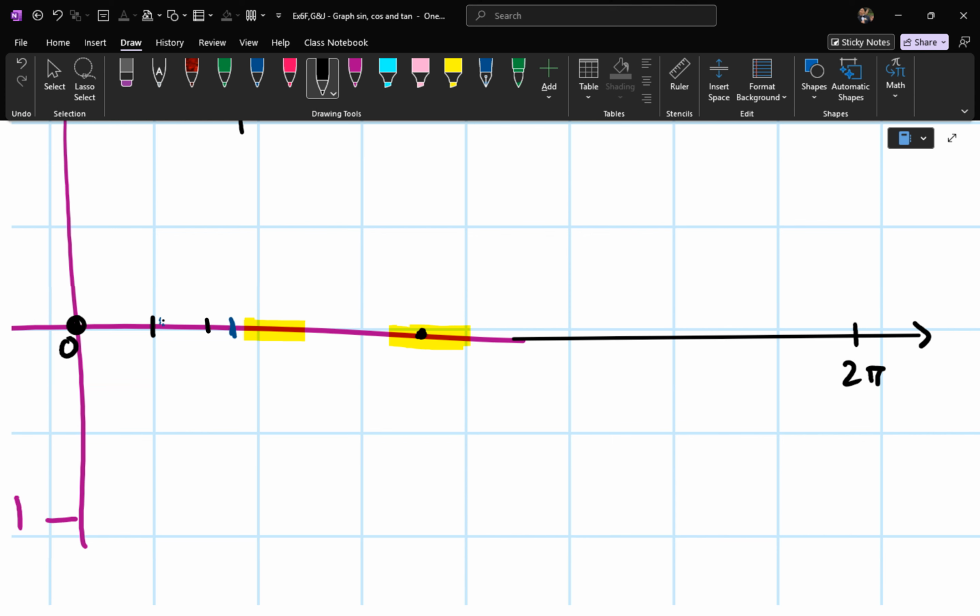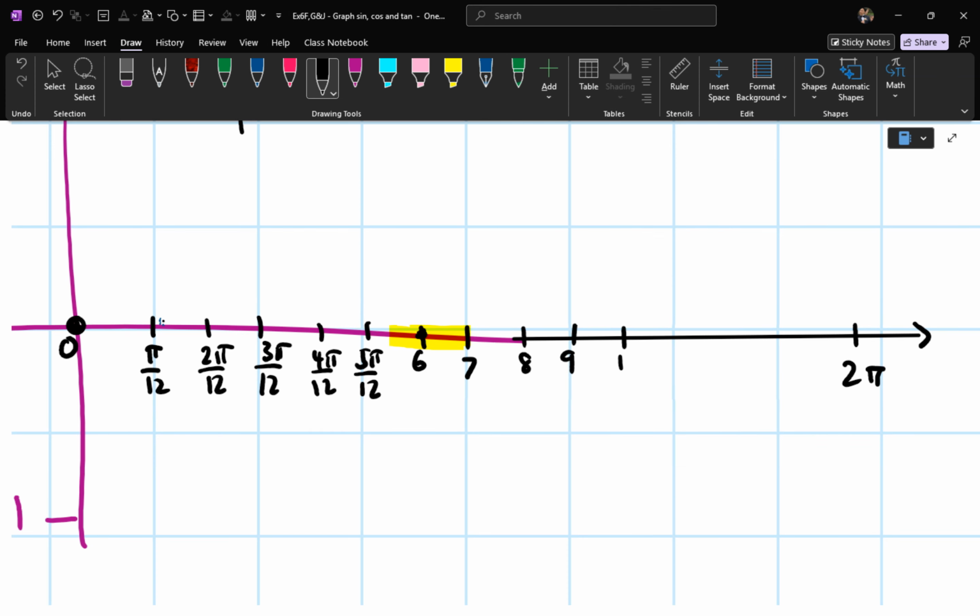So I'm just going to do a little scale so we can see. Let's call that 1 pi on 12, 2 pi on 12, 3 pi on 12, then 4 pi on 12, and then 5 pi on 12, and then 6. So you get the idea. I'm just going to do 6, 7, 8, 9, 10, 11, 12. Now that's 12 pi on 12, which is equivalent to 1 pi.